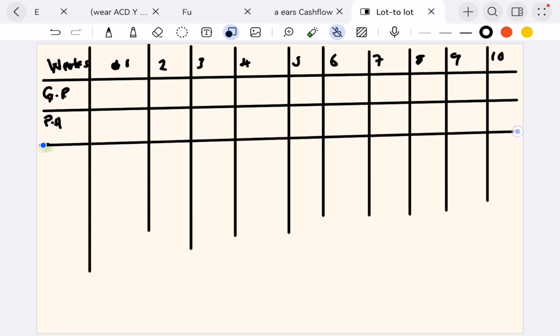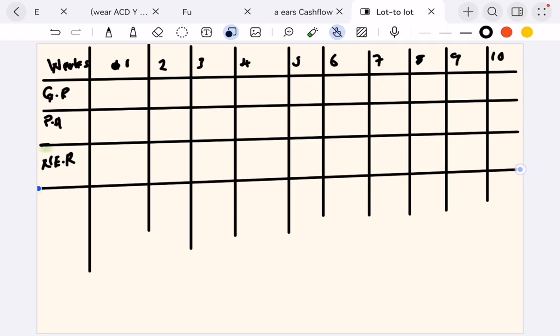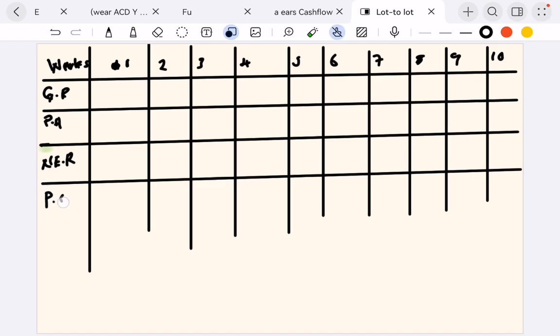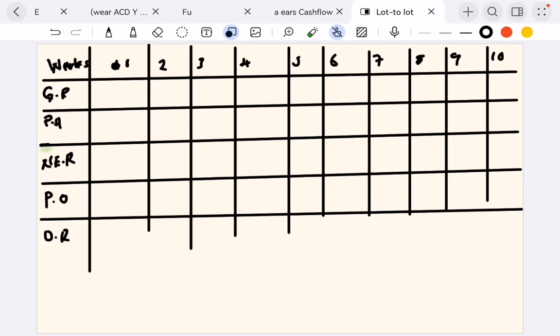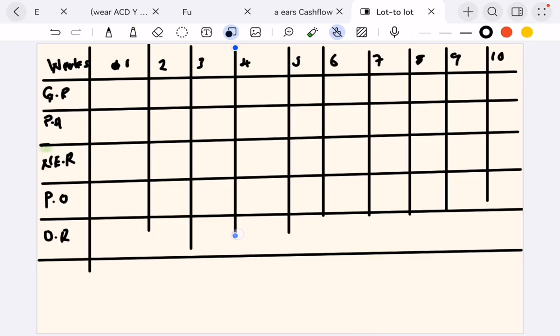And then we have the net requirement. Then we have the planned order receipt, then the planned order release. So you draw that table.